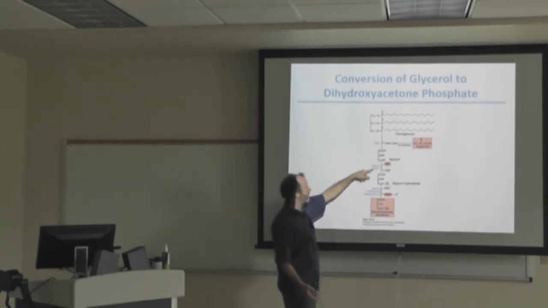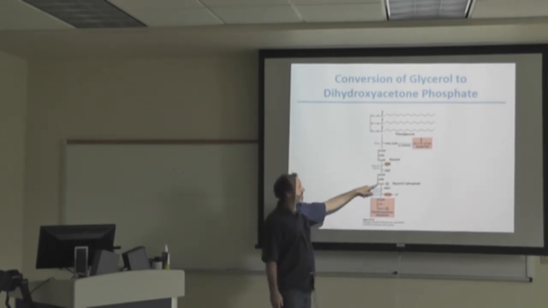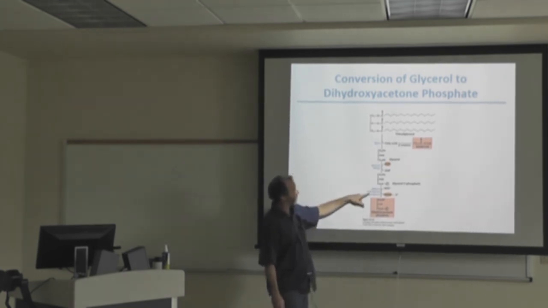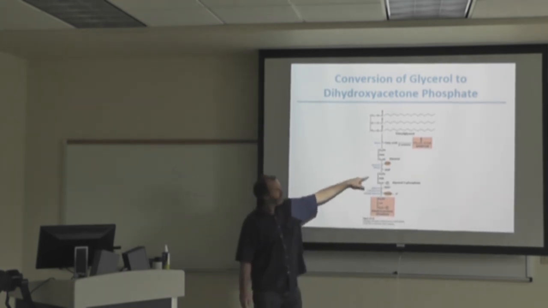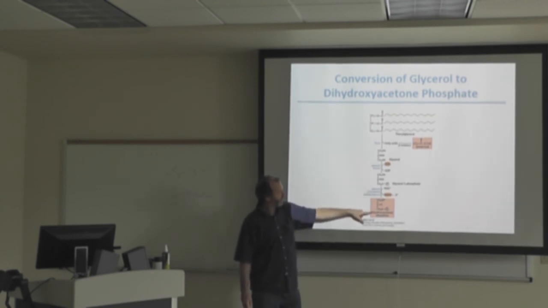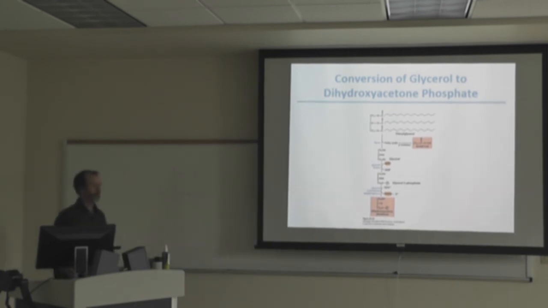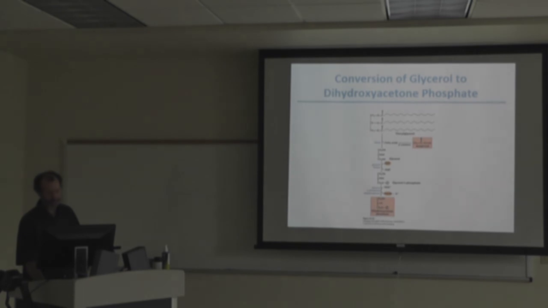The glycerol, via glycerol kinase, is produced into glycerol 3-phosphate, and then glycerol 3-phosphate dehydrogenase oxidizes it to dihydroxyacetone phosphate, which is one of the 3-carbon sugars used to make fructose or glucose. And that's it for this.